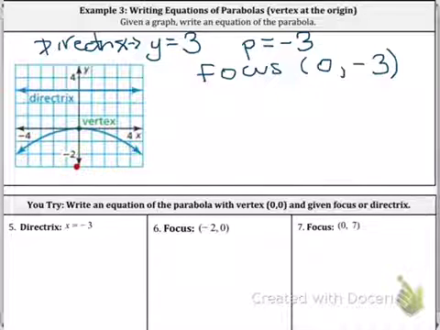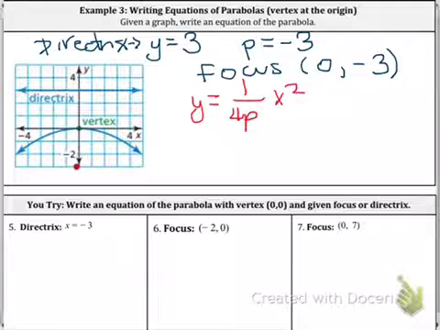So remember, the standard form of an equation with vertex at the origin is y equals 1/4p x². So all we really need is our p-value. We're going to substitute it in for p, then we will have our equation.